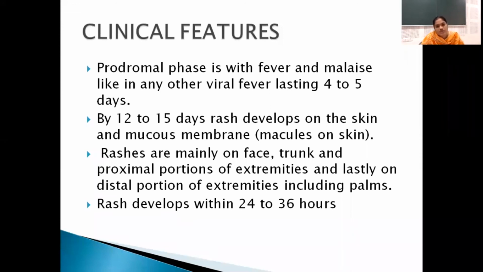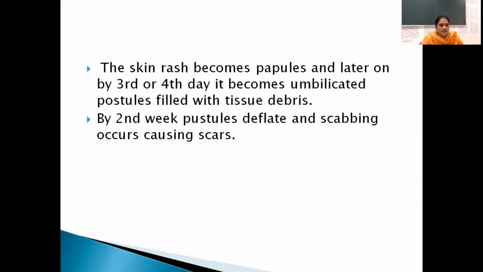The rash develops within 24 to 36 hours. The rash becomes papules, and later on, by the third to fourth day, it becomes umbilicated pustules filled with tissue debris. And by the second week, the pustules deflate and scabbing occurs, causing scars.